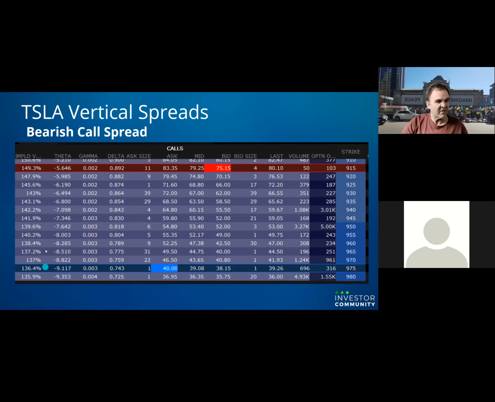You see the difference in the implied volatility in these. We are selling about 13 volatility points. We're essentially selling this volatility. This is great because we know that volatility is going to go down.